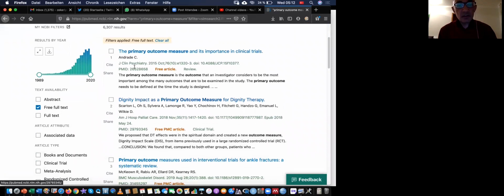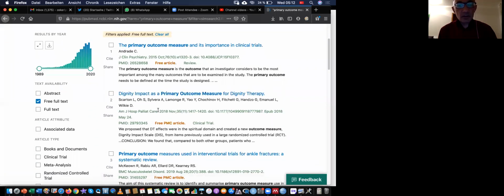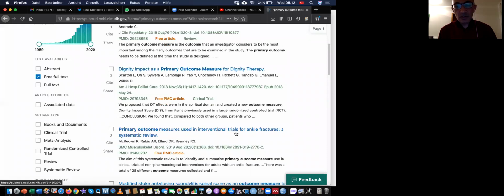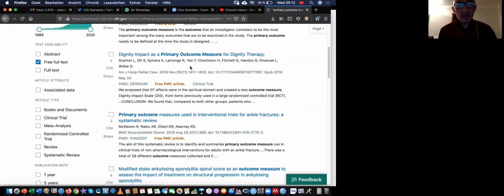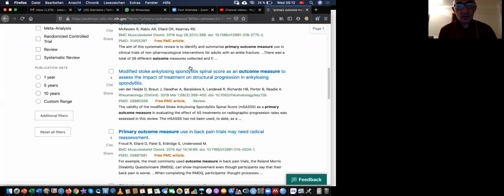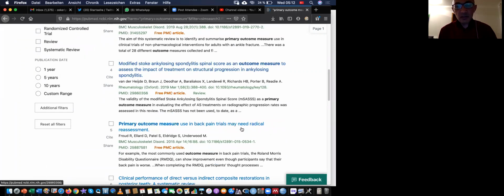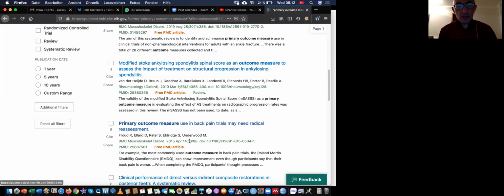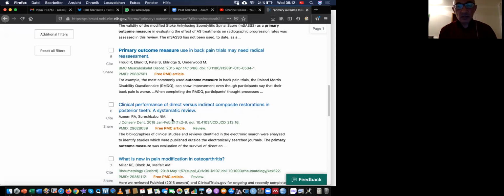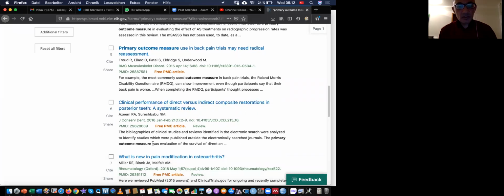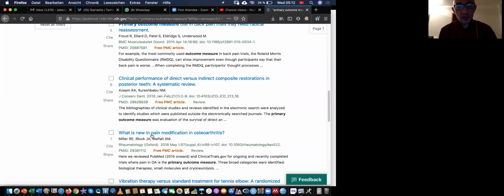Okay. The primary outcome measure in intervention trials, fractures, back pain trials, posterior teeth. What is new in pain modification in osteoarthritis?